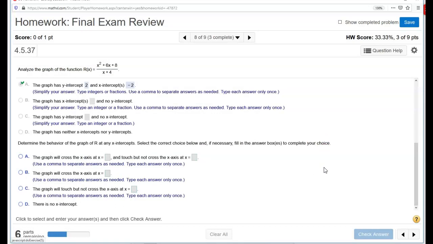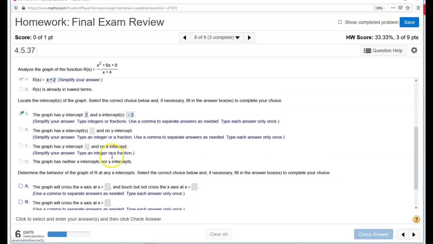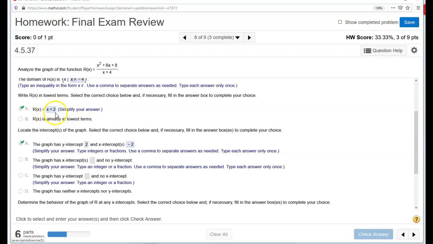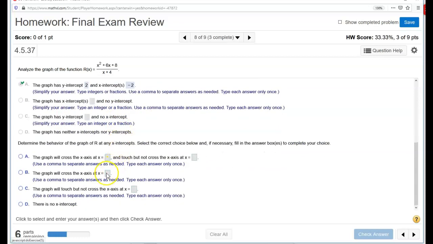And now it says determine the behavior of the graph at the x-intercepts. Select the correct choice below, and if necessary, fill in the answer boxes to complete your choice. So we know that we only have the one factor here, which is x plus 2. And it's only to the first power, so it's not squared or cubed or anything like that.